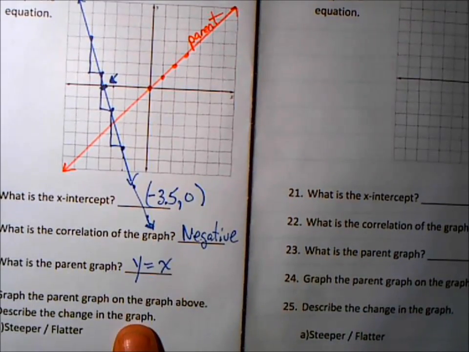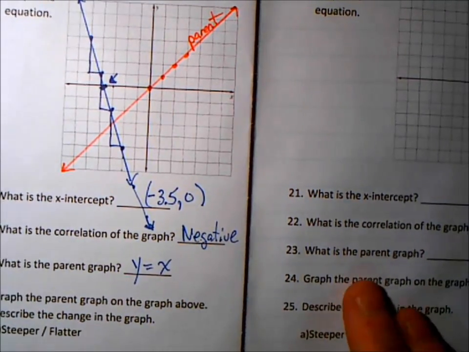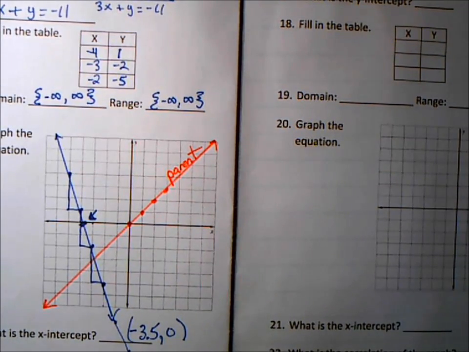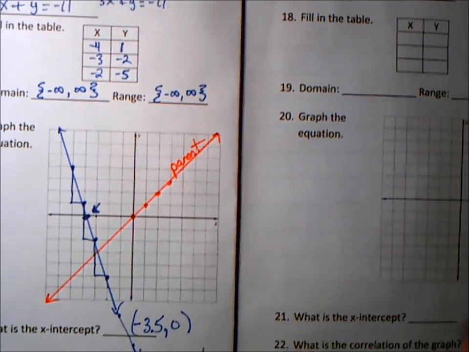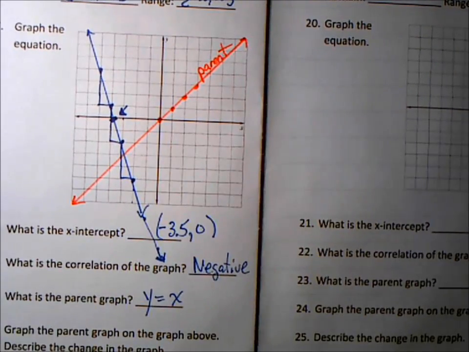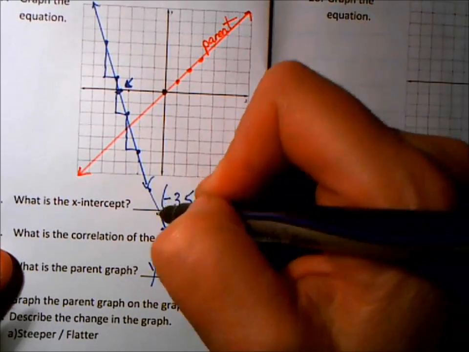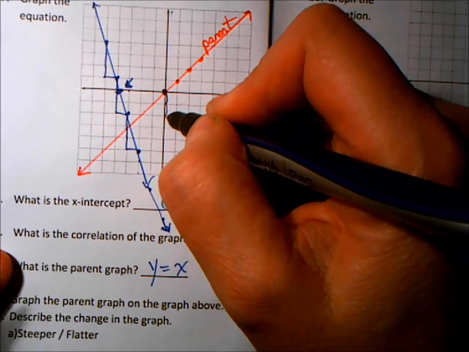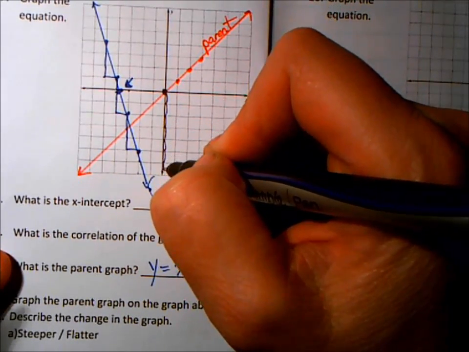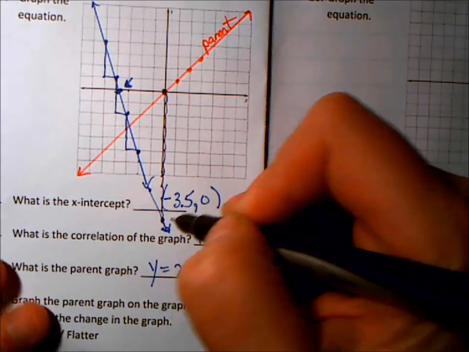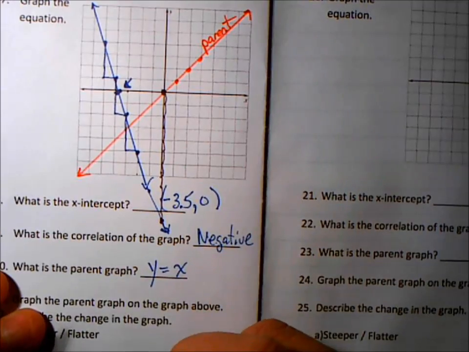And describe how it changed. So I need to know if this is flatter or steeper for this problem. And then I need to know how it translates. If I look at my translation, this starts at the origin, but this time it goes down, and I need 1, 2, 3, 4, 5, 6, 7, 8, 9, 10, and it should be 11 down.